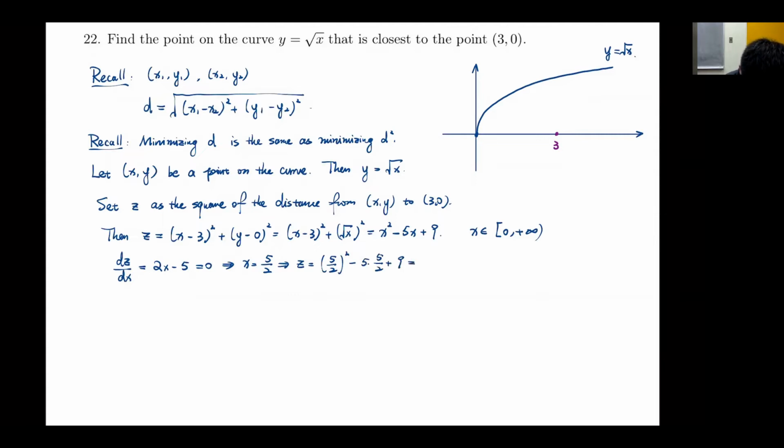The first will be 25 over 4, the second will be 25 over 2, and the last will be 9. The first two simplify to minus 25 over 4, and the 9 we rewrite as 36 divided by 4. What we get is 11 over 4. That will be the function value at x equals 5 over 2.